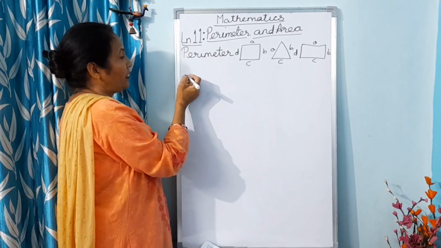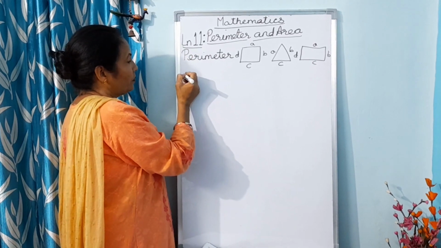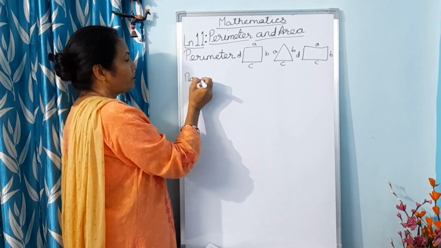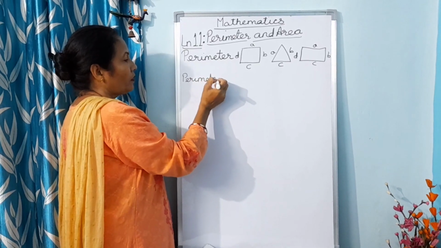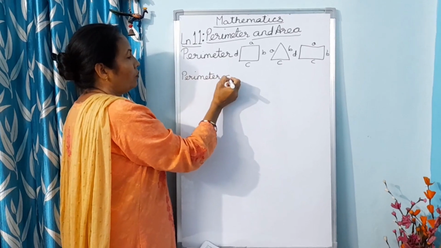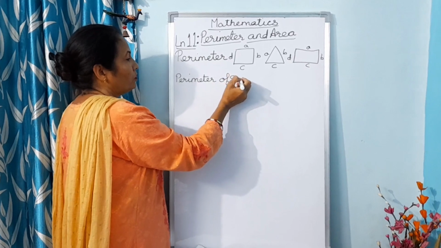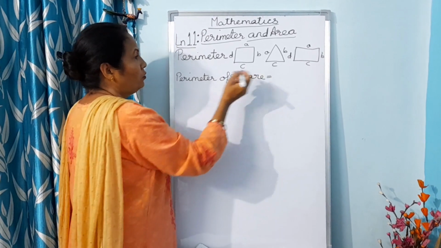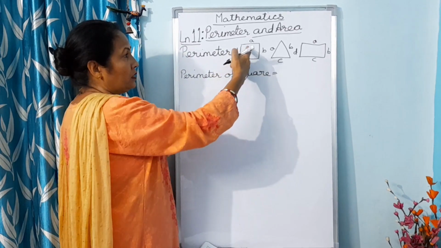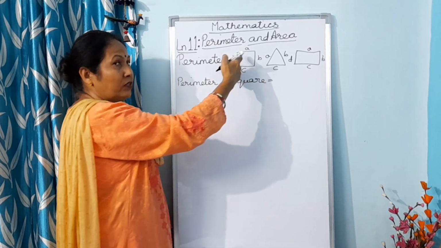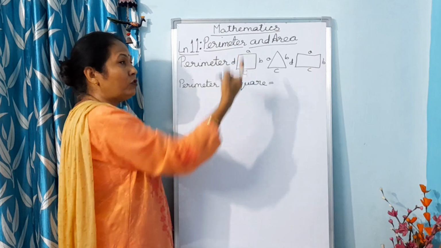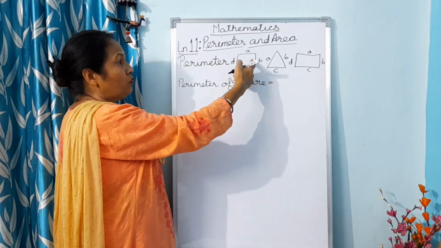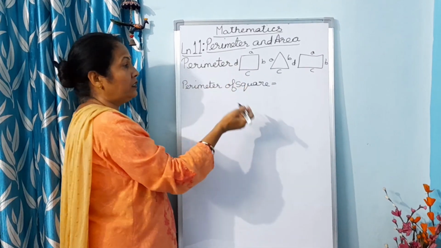I am going to write here perimeter of square is equal to, children, suppose the one side is 2 centimeter, so you are not going to multiply, you are just going to add it, but in a different way.